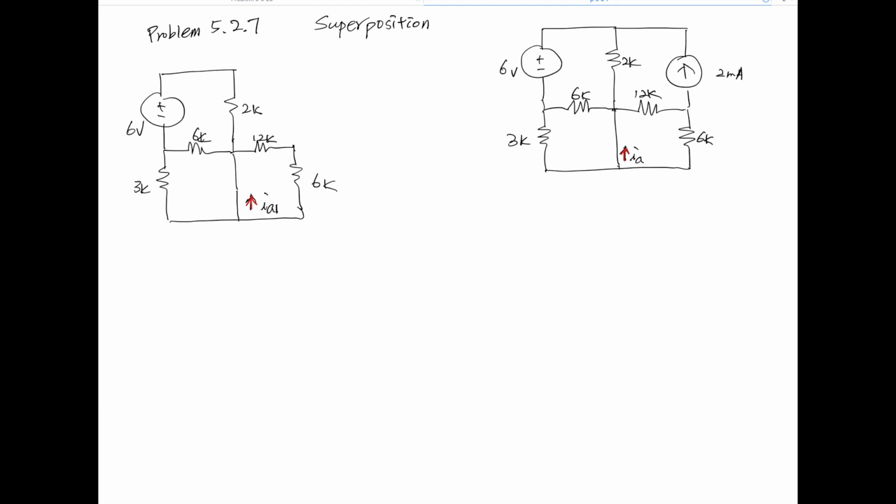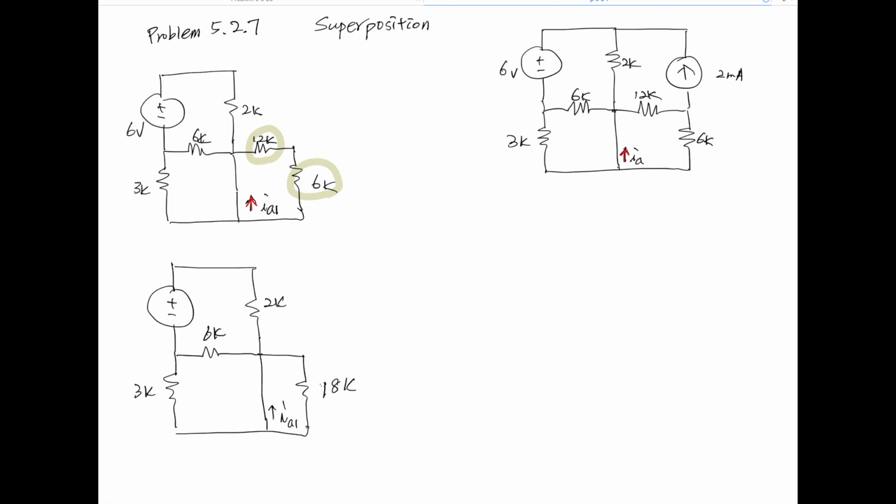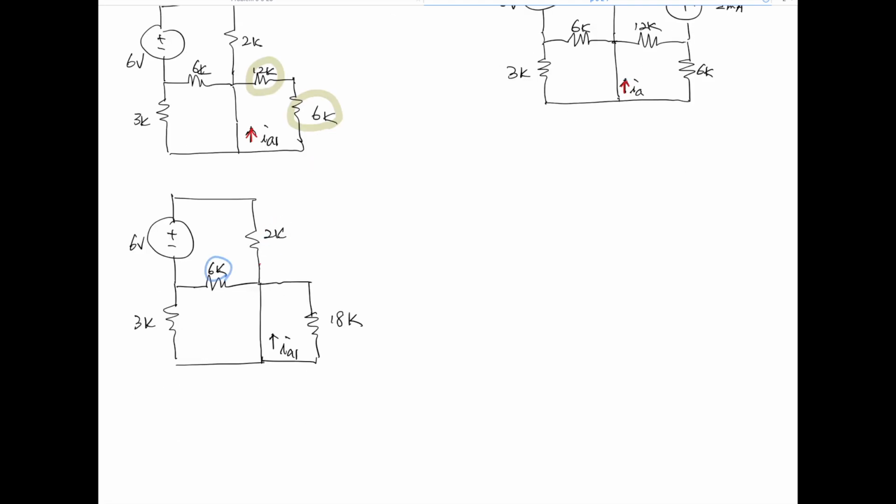The first thing we need to do is identify any parallel and series resistors. We have 12K and 6K, which are in series, therefore it looks like this. Now the 2K and 6K are not parallel or series. When the current hits this node, it's going to split three different ways.